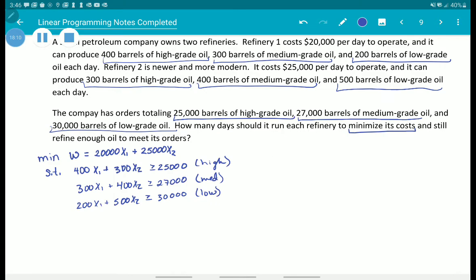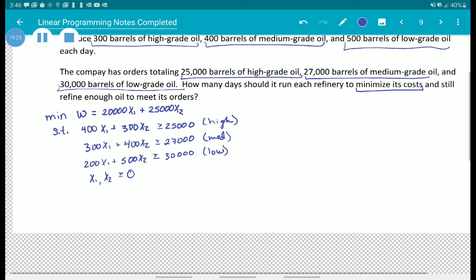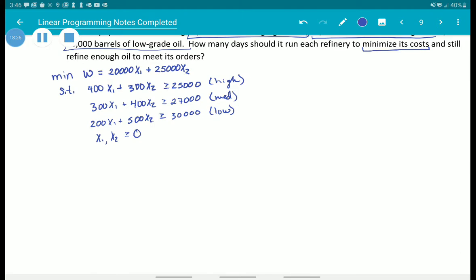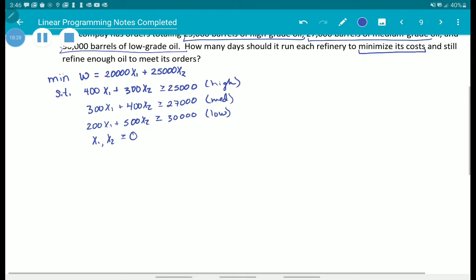It kind of goes without saying, but I'm going to write it anyway. X1 and X2 represent the number of days each refinery is running. Obviously, it can't be less than 0, so it's going to be greater than or equal to 0.